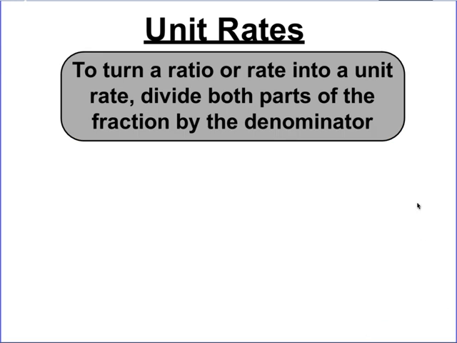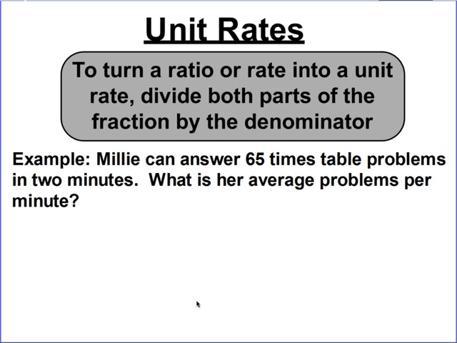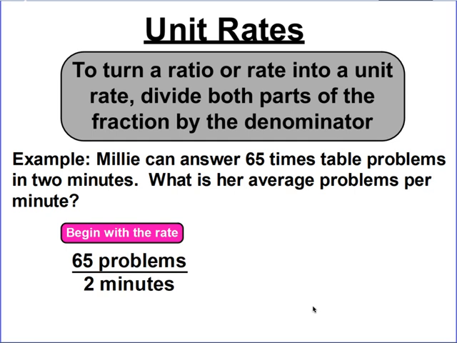Okay, so let's take a look at a second example. Millie can answer 65 times tables problems in 2 minutes. What is her average problems per minute? So if we start with writing our rate like we did last time, her rate is 65 problems in 2 minutes. Here, since we want to make a unit rate, we're going to divide by the bottom number, which is 2.